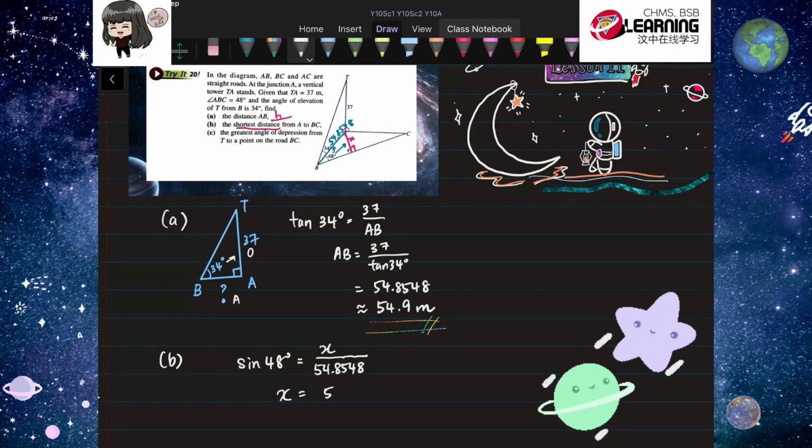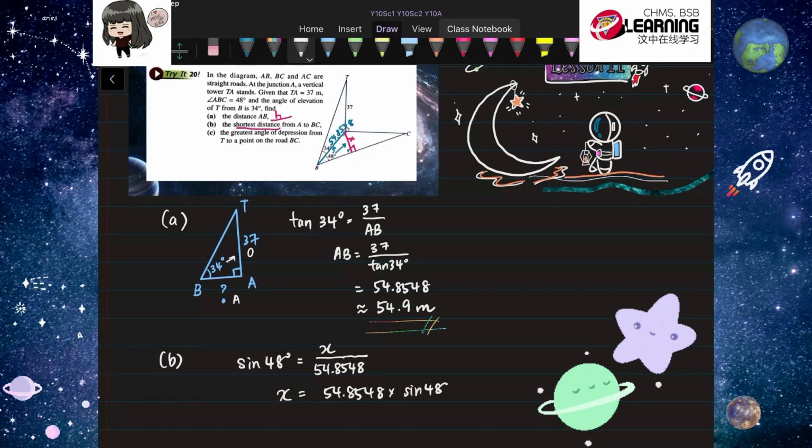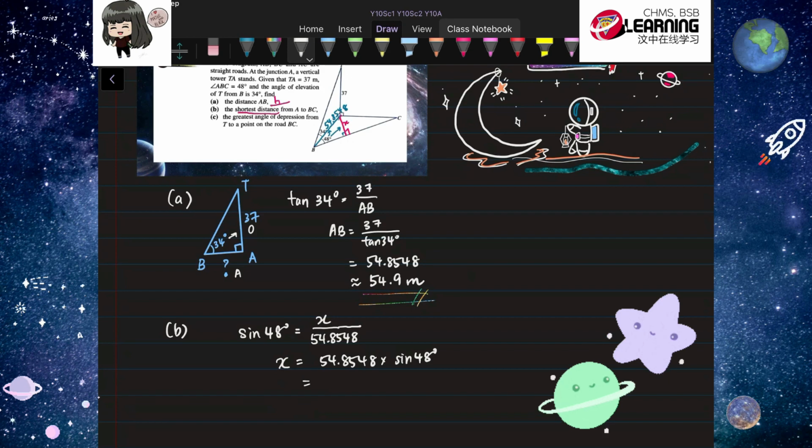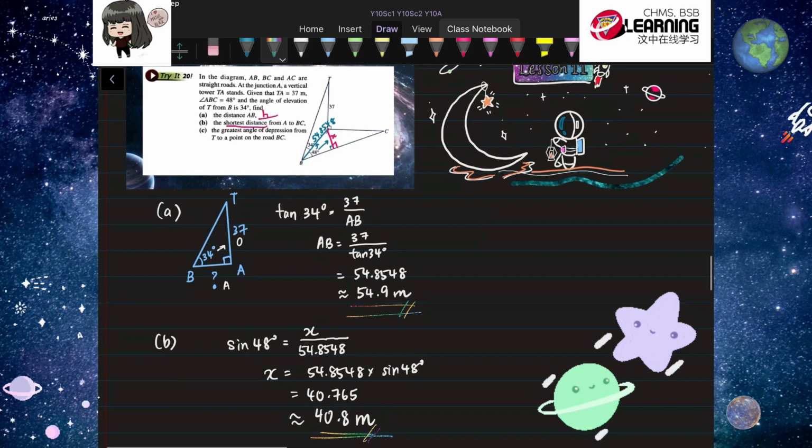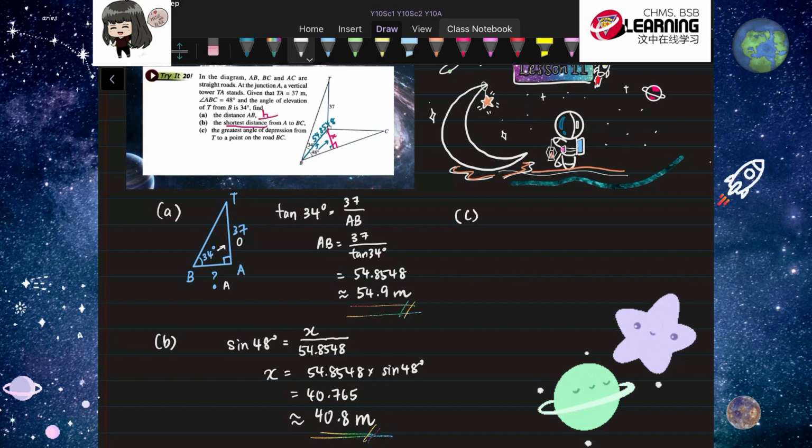So x is 40.765, rounded off to 3 significant figures is 40.8 meters. Please press your calculator and double check for me. Who knows, I may have made a careless mistake.